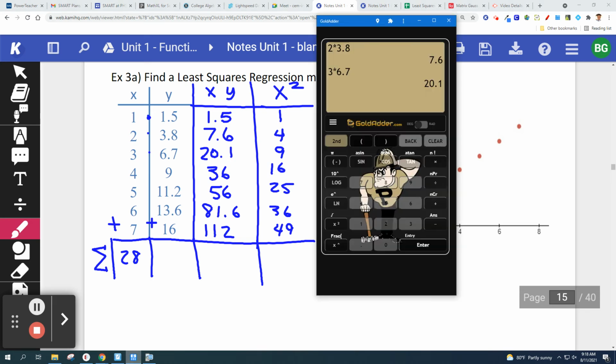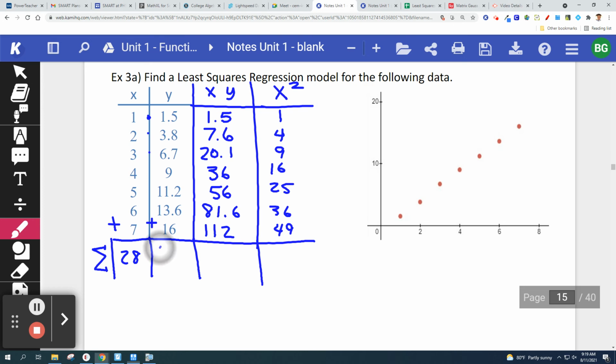Okay. 1.5 plus 3.8 plus 6.7 plus 9 plus 11.2 plus 13.6 plus 16, 61.8. So the sigma, or the sum, is 61.8.